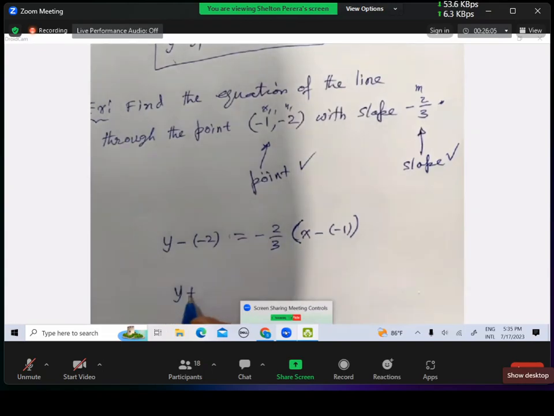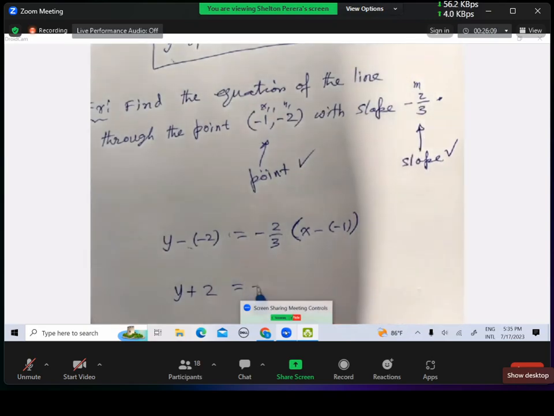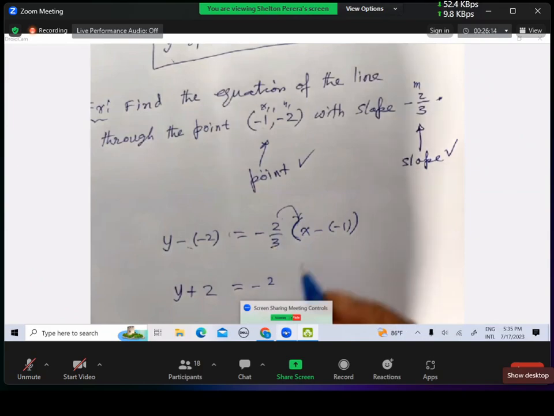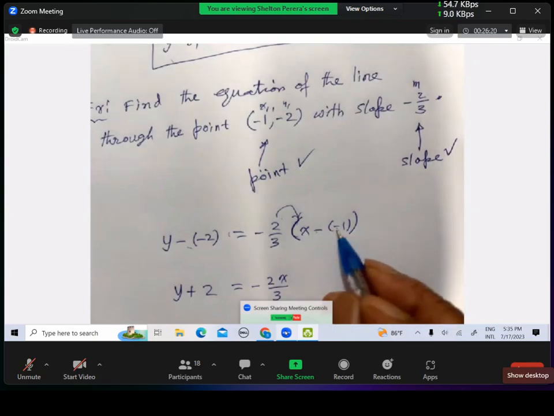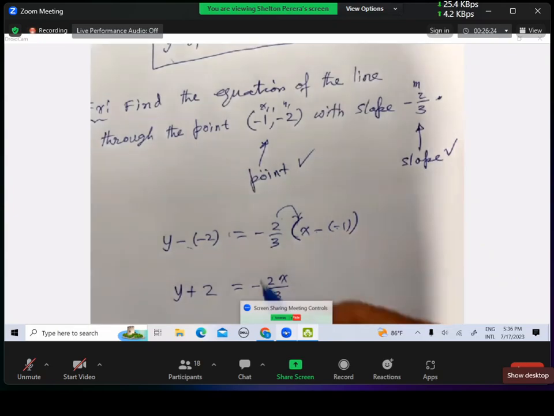y minus minus is plus. Let me simplify it this way, easier to explain.